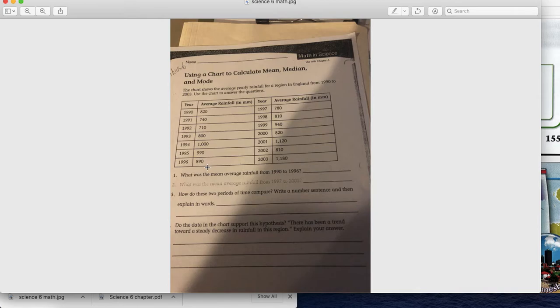So I have 820 plus 740 plus 710 plus 800 plus 1000 plus 990 and plus 890. And I added those all together, and I got 5,950.